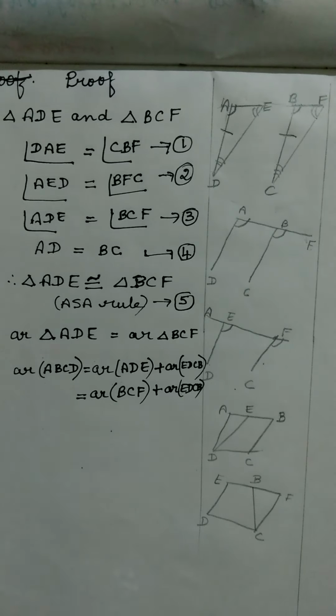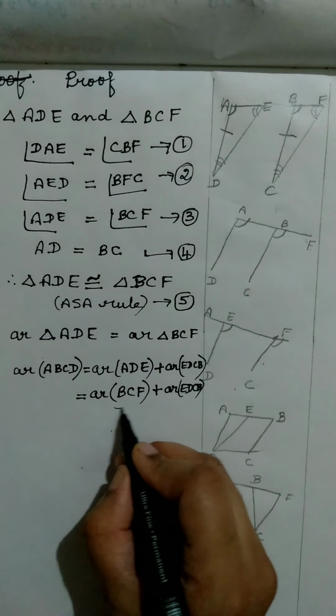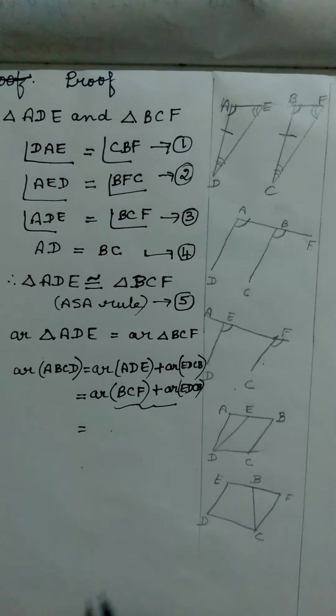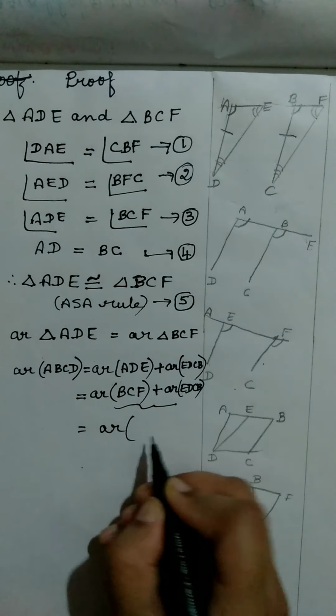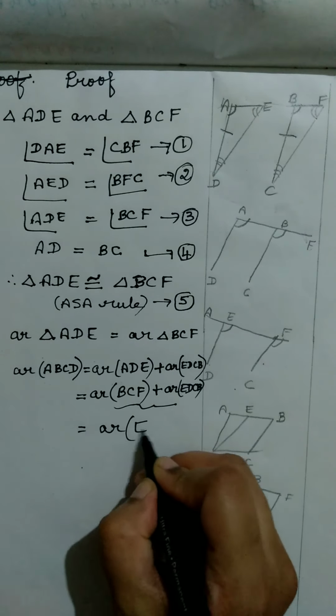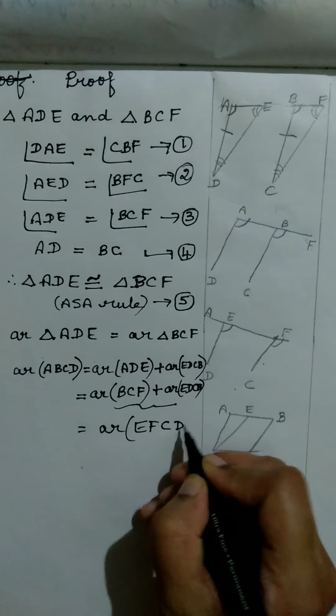In the next step, area of triangle BCF plus area of parallelogram EDCB will give you the complete area of parallelogram EFCD.